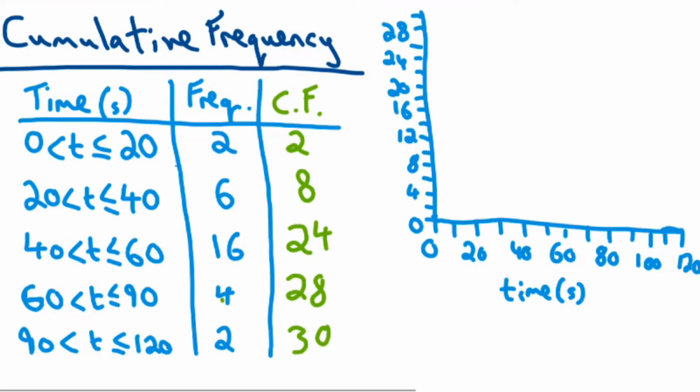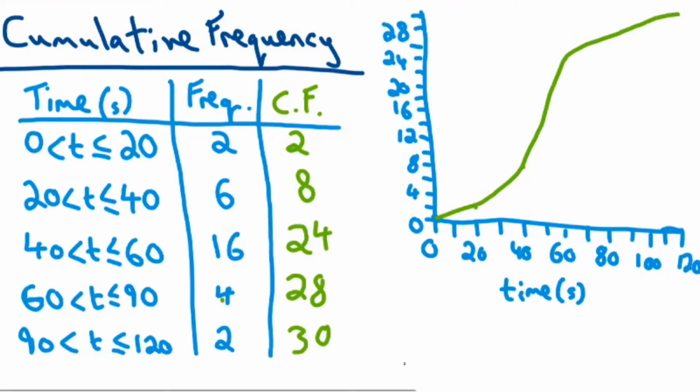So 2 is going to be plotted at 20. 8 is going to be plotted at 40. 24 is going to be plotted at 60. 28 is going to be plotted at 90. And 120 will be where we plot our 30. Joining these up then, that will give you a curve that looks something like that.